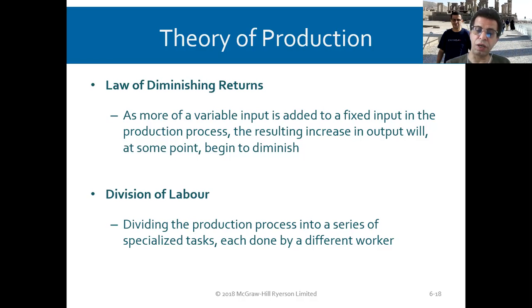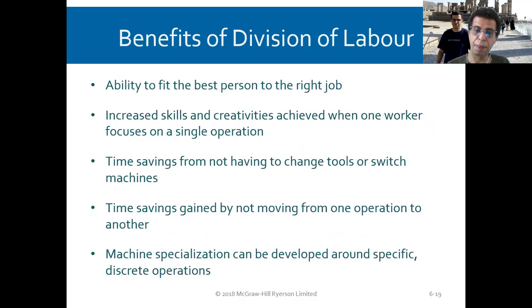In the division of labor, you divide the production process into a series of specialized tasks, each one done by a different worker. So this person will do A, B, C, D, each one doing the work differently.